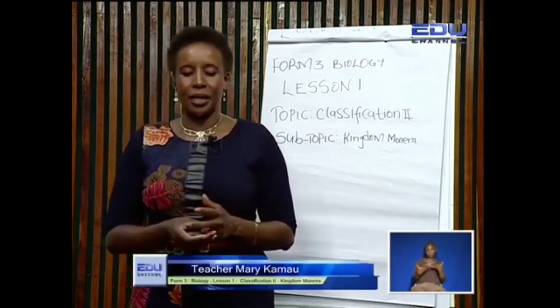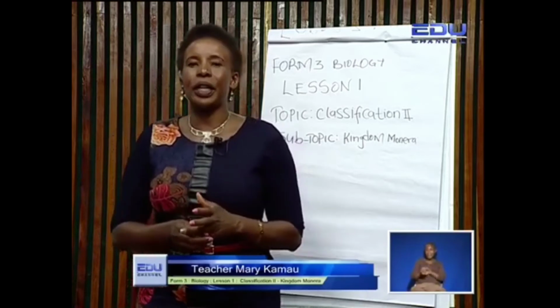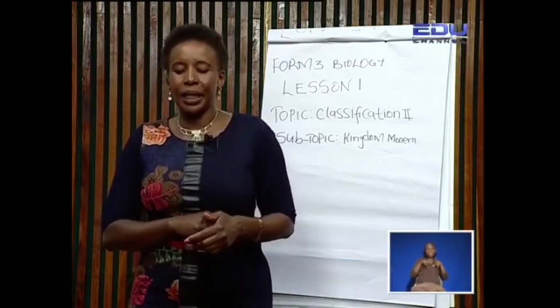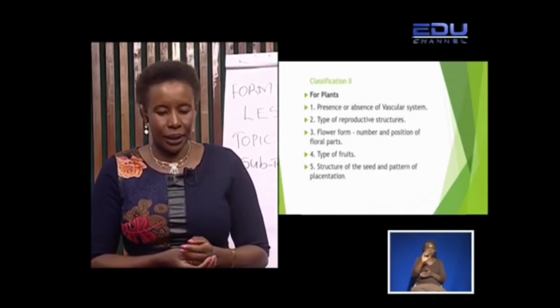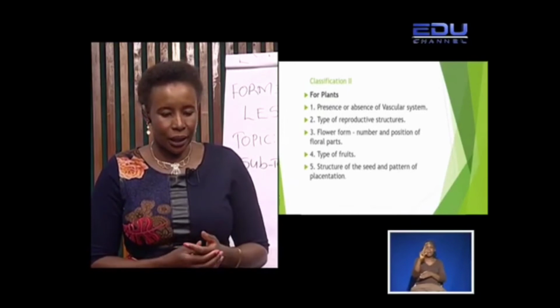Plants are also living organisms which can be classified using external features such as, number 1, presence or absence of a vascular system. So some plants have vascular bundles, that is the xylem and the phloem. Others lack the vascular bundles, like we are going to see as we continue with our discussion.